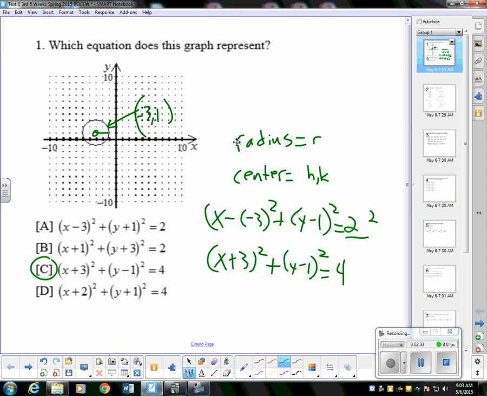No, like I said, you could have just seen that the center was -3, 1 and figured out that as long as you had 3's and 1's in here, you're okay. In other words, you could rule out D automatically, because that's 2 and 1. That left A, B, and C, but then you could reason through that your radius has to be squared. If your radius is 2, then it has to be squared, so that would leave C as your answer choice there.